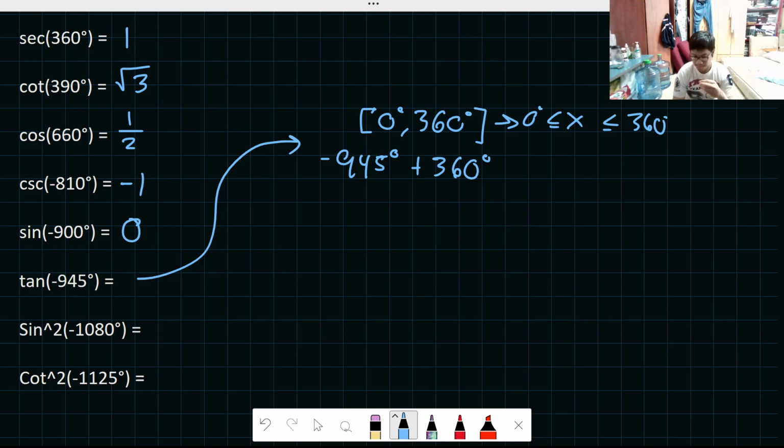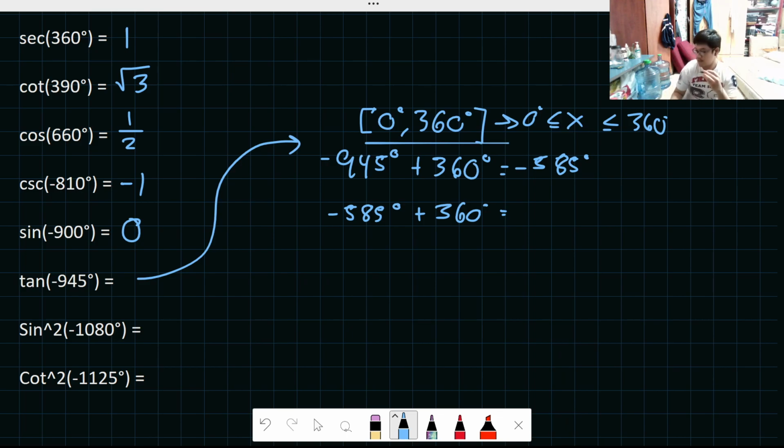So here, adding negative 945 degrees by 360 will give you negative 585 degrees. Now, still, it's less than 0 degrees, so we will do the same thing. We will consecutively add 360 degrees until it's within this interval.